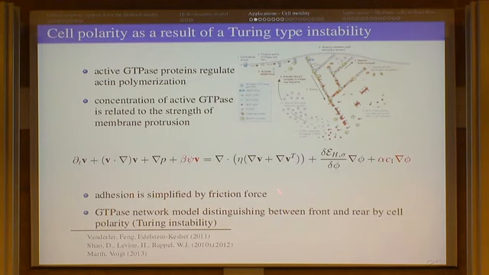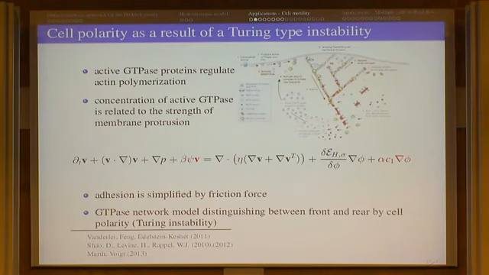And this can be modeled as we see here. We just add this term to our Navier-Stokes equation, and that means that where the gradient of phi is not equal to 0, that is where the interface is, we have a force which acts normal to the interface. This force is related to the active GTPase, which we denote with C1, and the parameter alpha. And adhesion is simply modeled by a normal friction force.